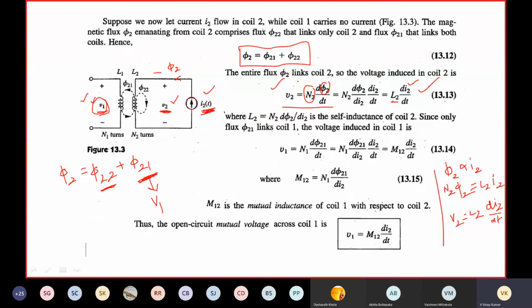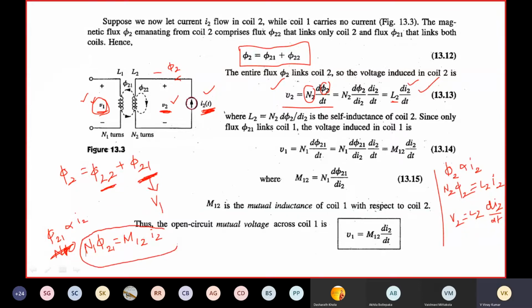Coming to mutual induced EMF. Phi 2 1 is directly proportional to what? I2. Because of I2 only, phi 2 1 is linking coil 1, right? As it is linking coil 1, N1 phi 2 1 is equal to M12 I2.